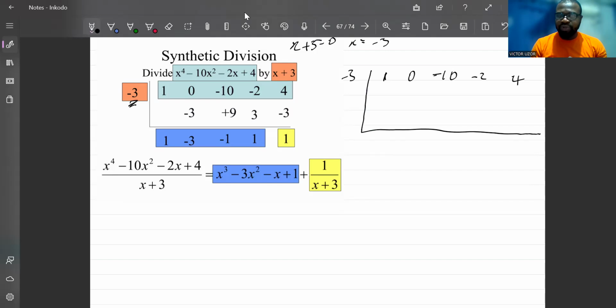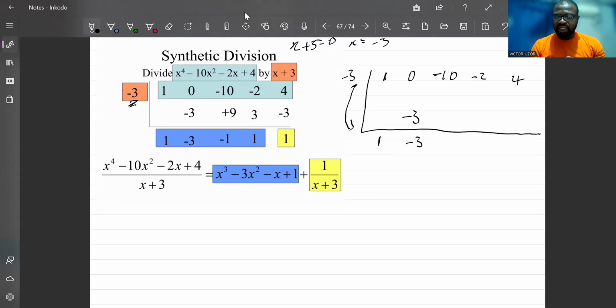Now the first thing you do is bring down the 1, the first coefficient. Then multiply it by the number here, negative 3, which gives you negative 3. When you add 0 and negative 3, it gives you negative 3. You just have to follow the format.